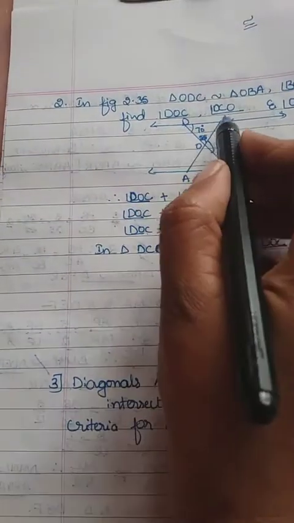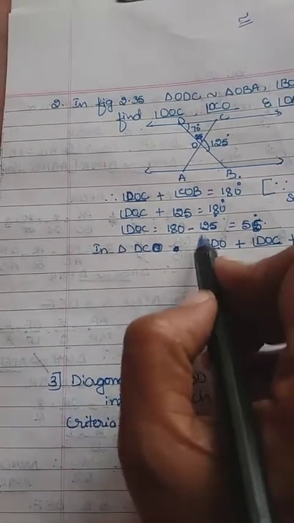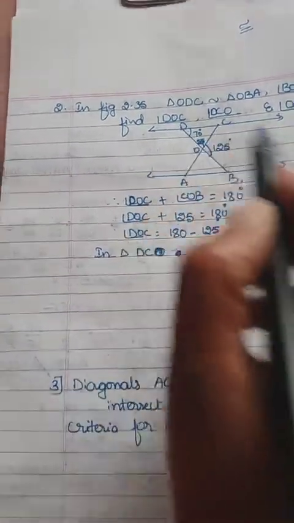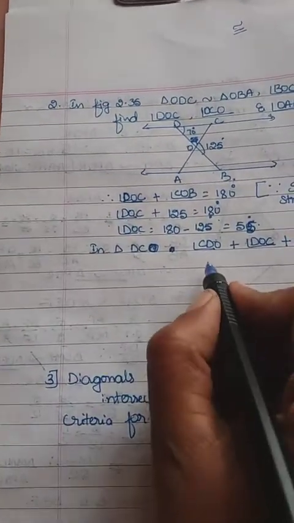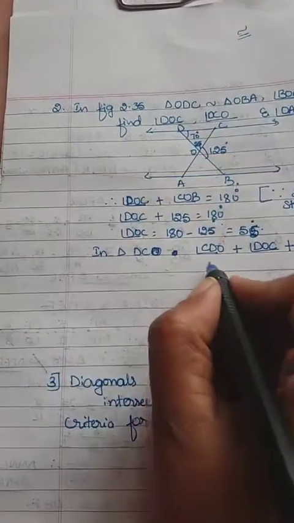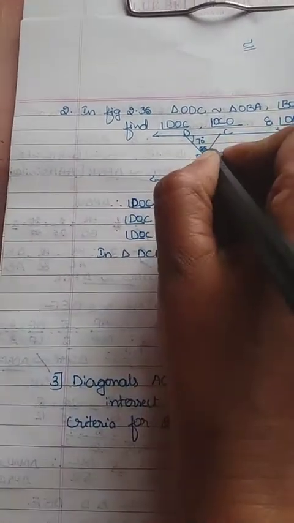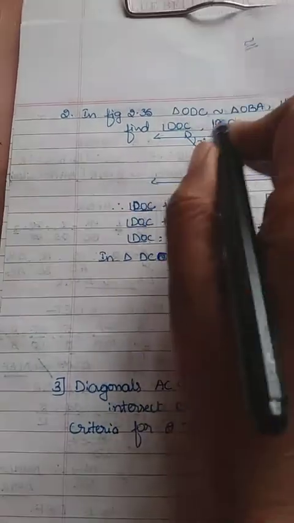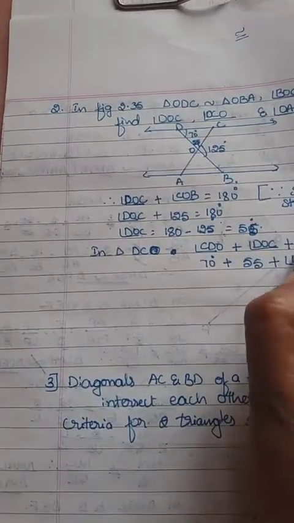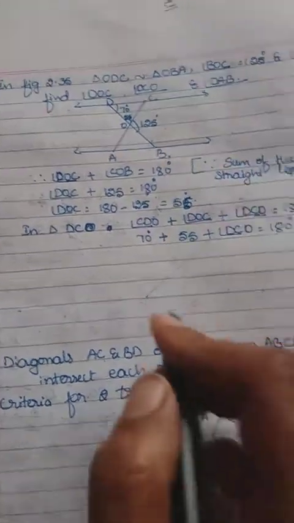Instead of angle D, angle C, angle O, we write like that. The angle we want to take, we take in the middle. CDO they have provided as 70 degree. DOC we found out is 55 degree, plus angle DCO we don't know, equal to 180 degree. Understood?